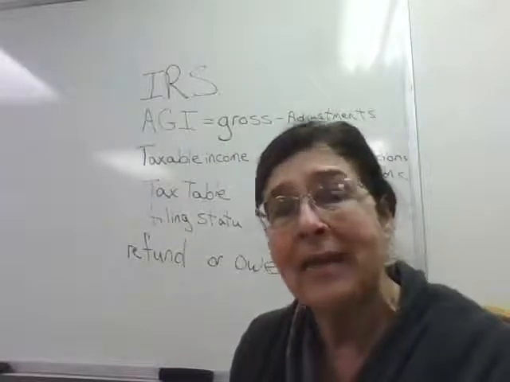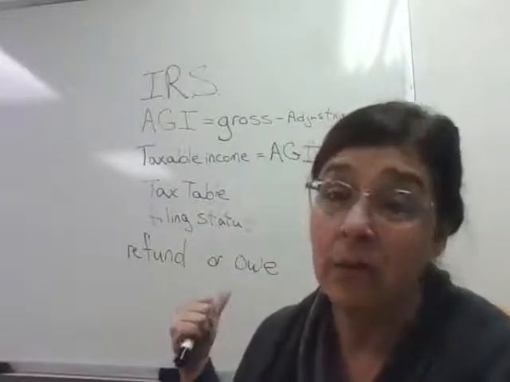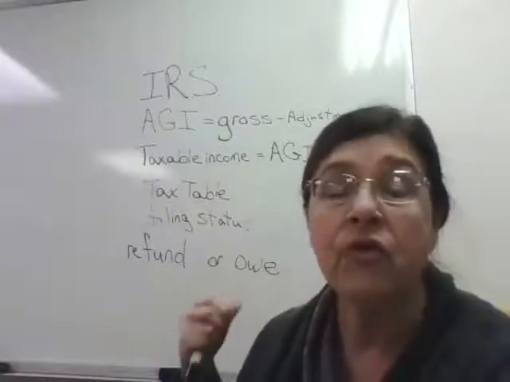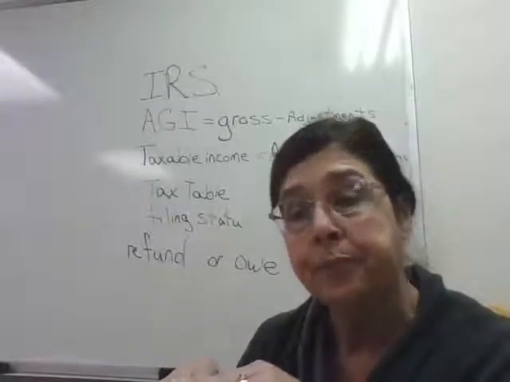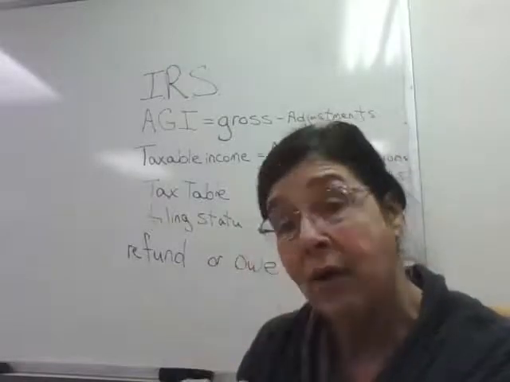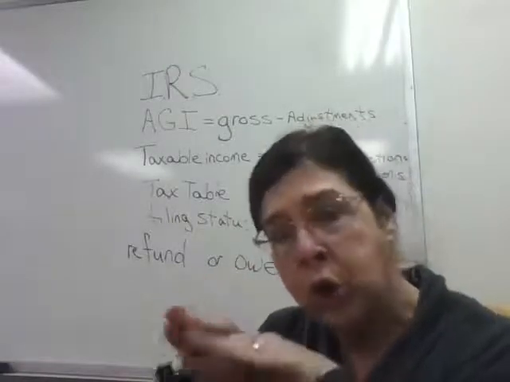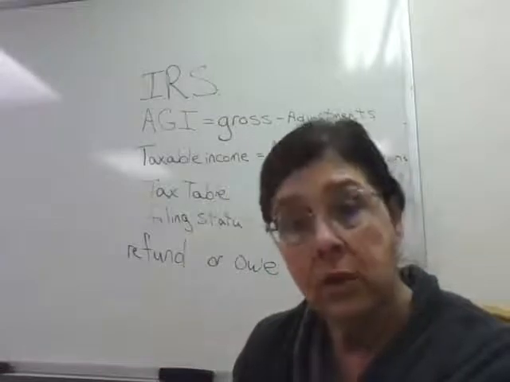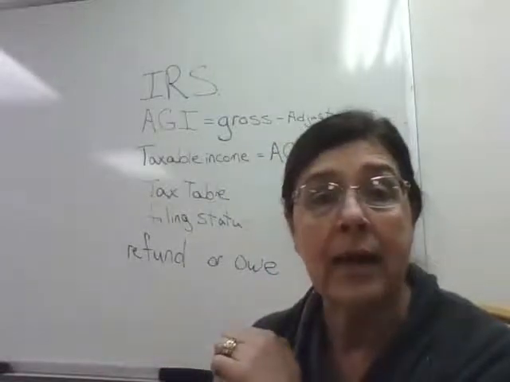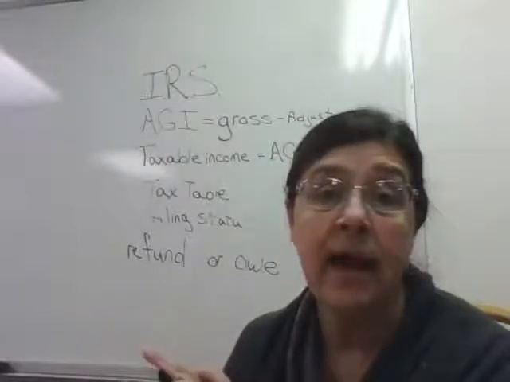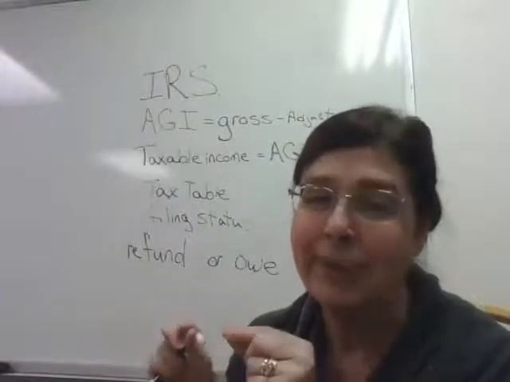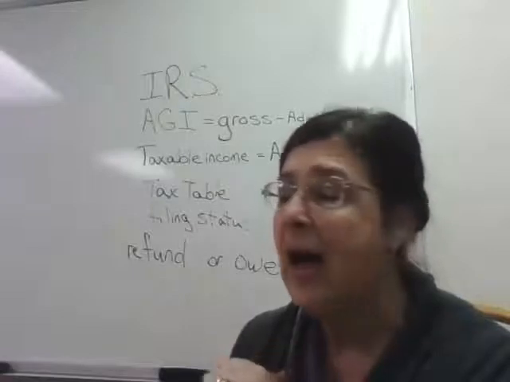You want a nice balance. It's horrible to have to owe money, so you want to balance the amount your employer's taking out of every paycheck that's close to the tax that you will owe, and then hopefully at the end you get a little refund.